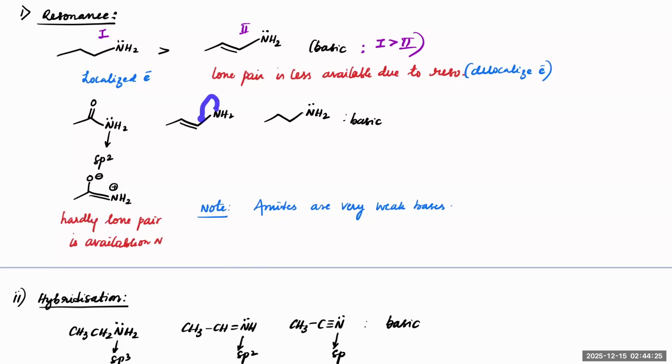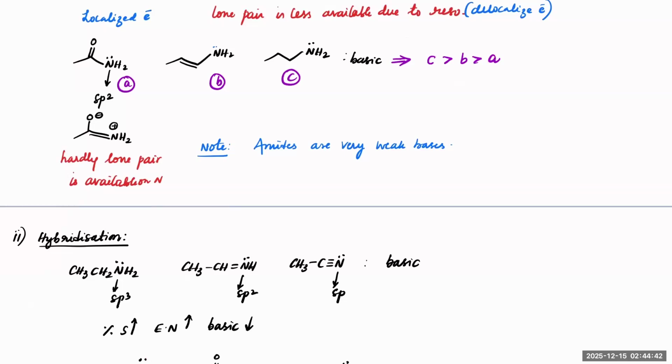While here there is availability, but with some resonance. Here there is no resonance at all. So if I take these as A, B, and C, we can see that as the basic nature, C is more basic than B, then A. This is the order of basic nature. This also confirms the fact that amides are very, very weak bases. In fact, most of the time we take them as neutral.